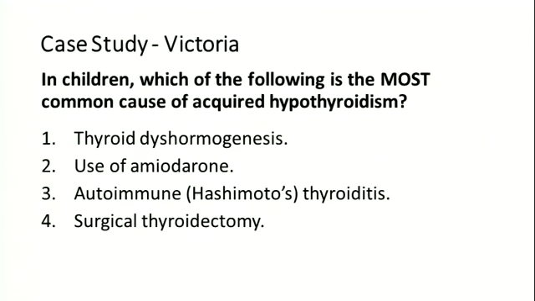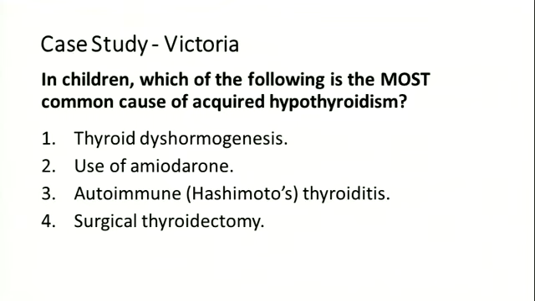In children, which of the following is the most common cause of acquired hypothyroidism? Acquired. Now, in case any of you were asleep during the first lecture, we talked about one concept called immunity, right?